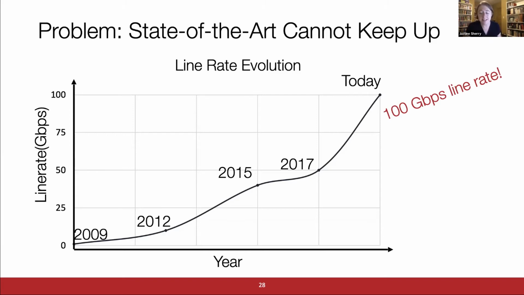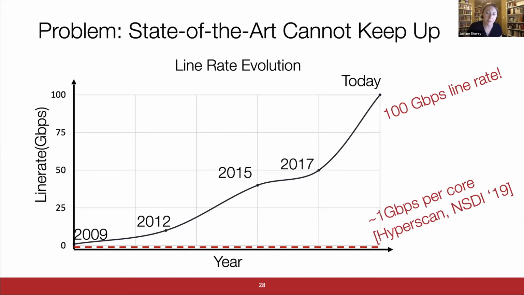And yet, state-of-the-art intrusion detection and prevention systems that run in software can only process about 1 gigabit per second per core. This 1 gigabit per second per core number is a state-of-the-art number from a software system that came out in NSDI 2019 called Hyperscan.